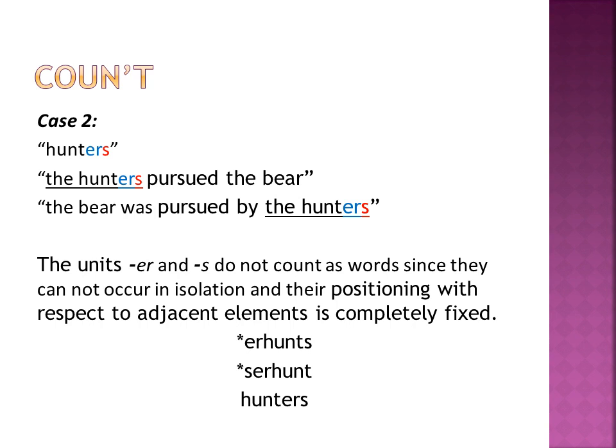What does it mean? And if you try to open your dictionary, of course there will be no meaning you find, like this one. Once more, their positioning with respect to adjacent elements is completely fixed. Okay, this one, the units ER and S.